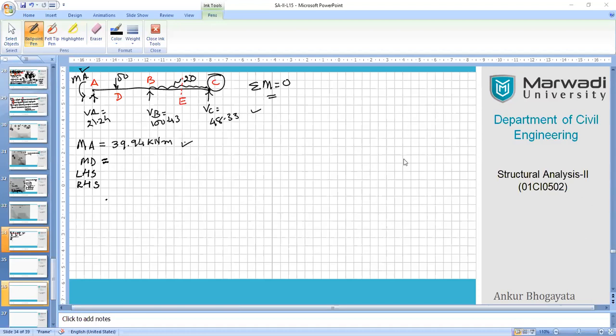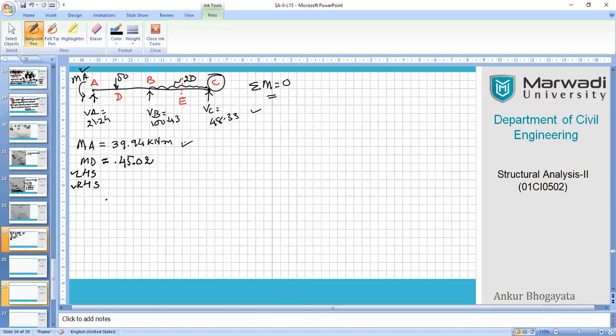Yes, Prashant. The 45.02 kilonewton meter. You are right, dear. 45.02. That is correct. But according to our sign convention, what should it be like? Are you talking about the left hand side or right hand side? The left hand side. So then you should rethink about it.